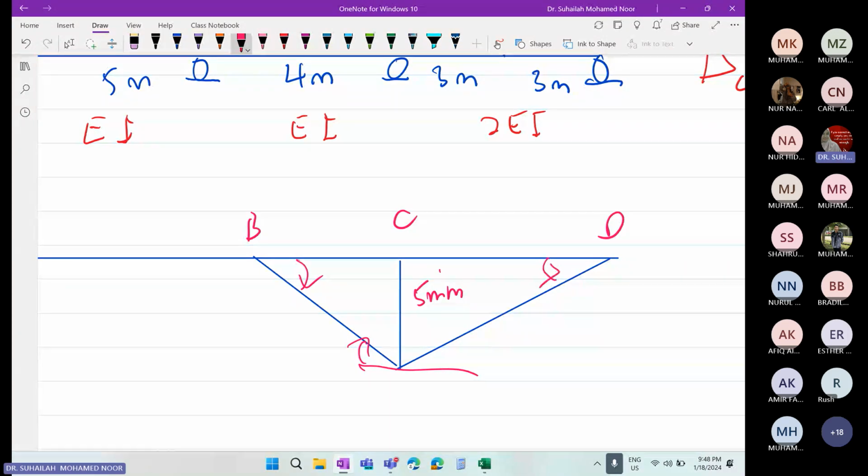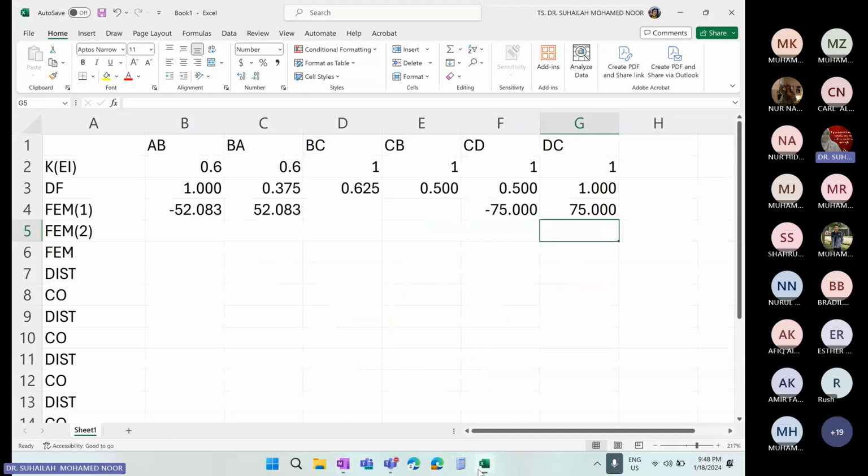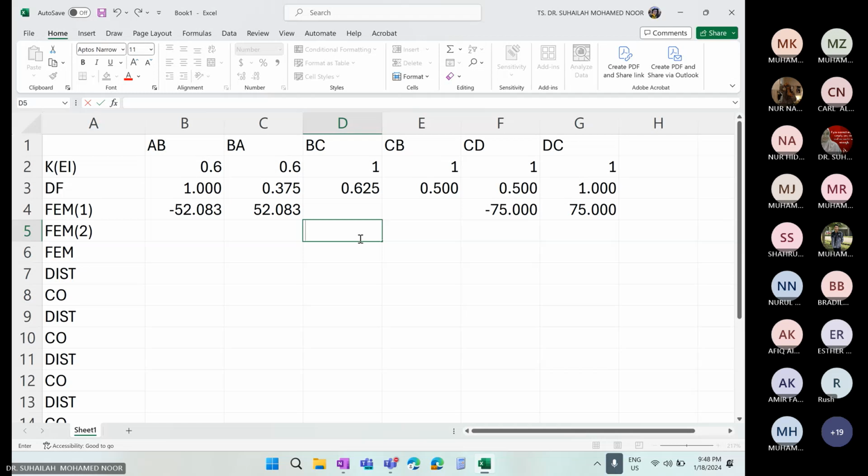If angle is negative, FEM is positive. For BC, angle is positive, so FEM is negative.